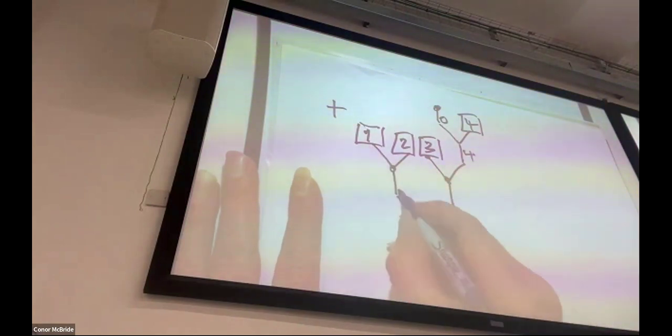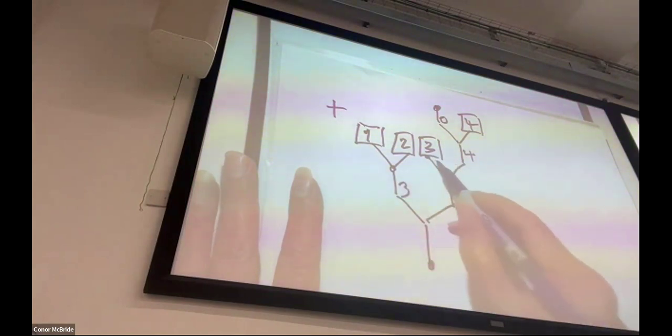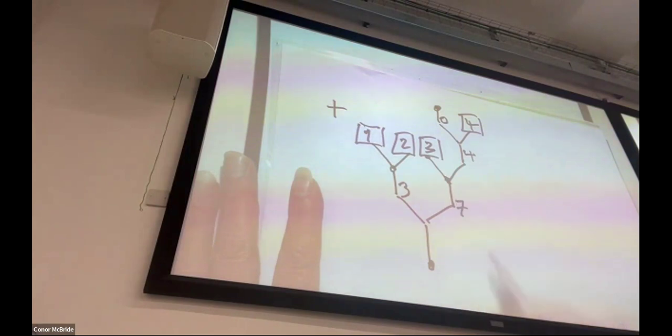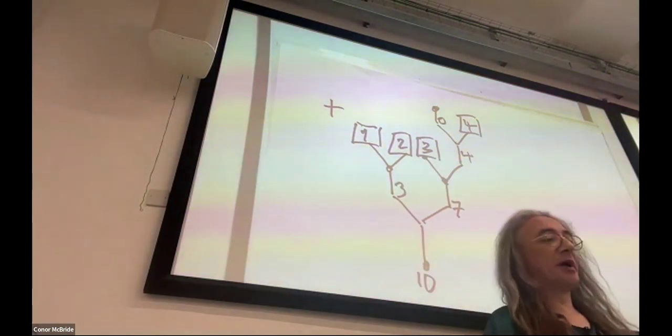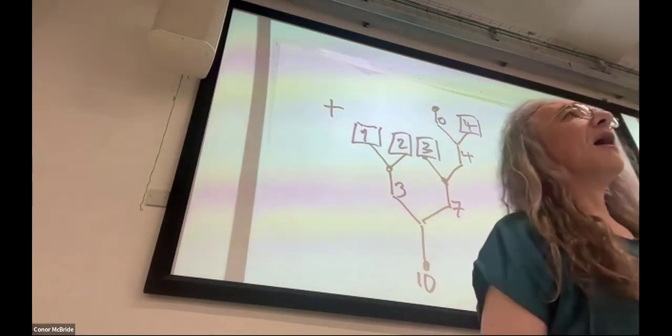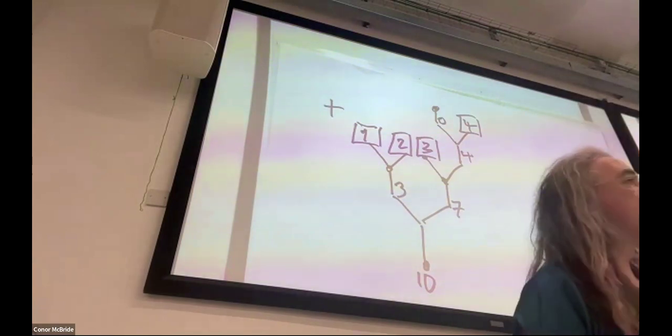When I combine 1 and 2, I get 3. And when I combine 3 and 4, I get 7. And when I combine 3 and 7, out comes 10. Okay? So this is just a picture of a computation adding up some stuff.